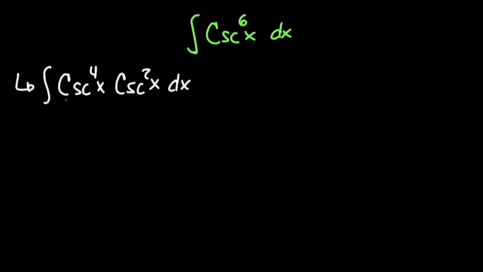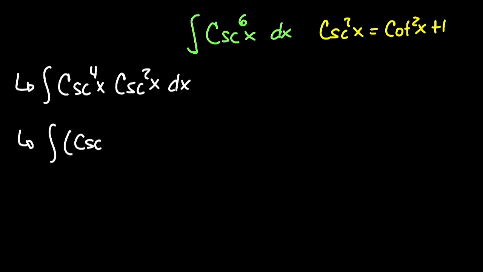The next step would be to transform the remaining terms using the trigonometric identity, which is cosecant squared of x equal to cotangent squared of x plus 1. So we can condense this into cosecant squared of x raised to the power of 2.